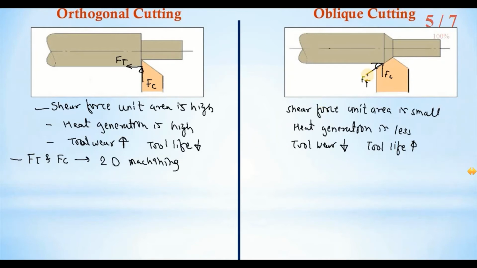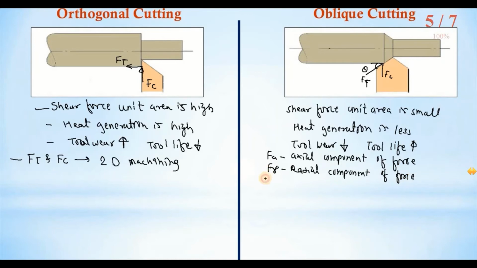And here the Ft is at some angle theta, so we are getting Fa, which is an axial component of force, Fr, which is a radial component of force, and Fc is a cutting force.